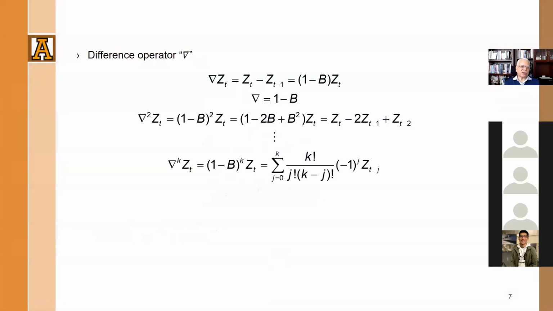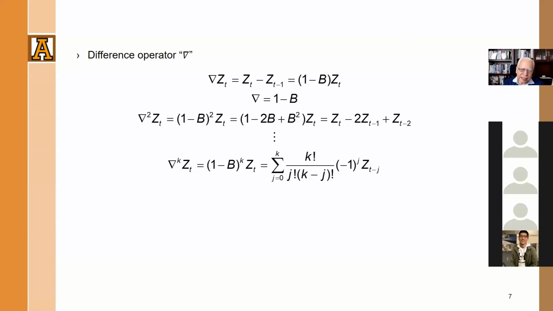Okay. Now, another operator that we'll be constantly using here in the class is the difference operator. This is written like the inverted capital delta, and when I apply the difference operator to Z_t, I obtain Z_t minus Z_{t-1}.